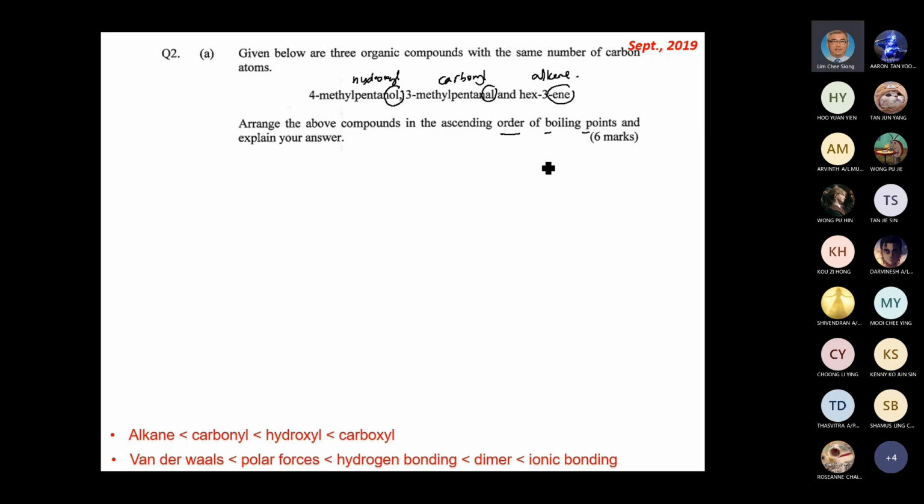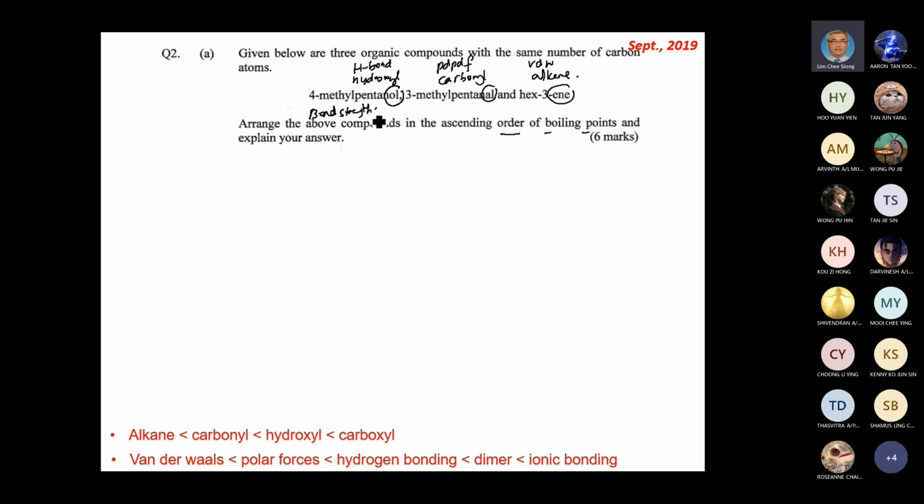Afterwards, you have to know the difference of the functional groups here. There are different types of intermolecular forces. Since we got alcohol, it must involve hydrogen bonding. Carbonyl group, PDPDF. Alkene group is under van der Waals. Then further you have to tell about their bond strength. Which one has the highest bond strength?